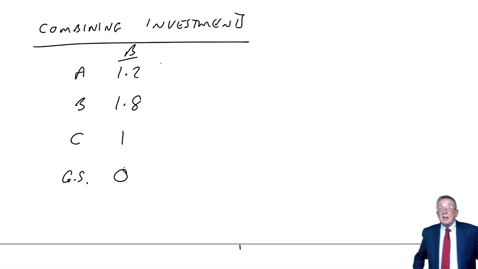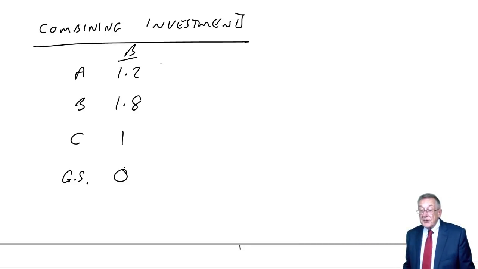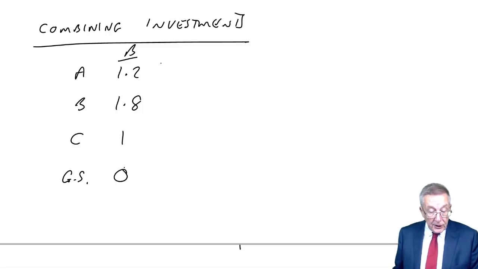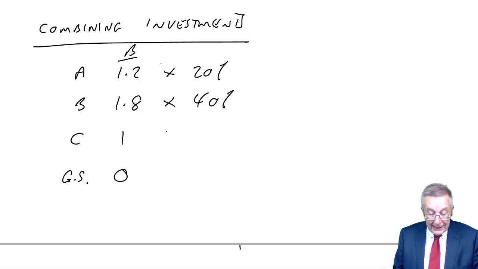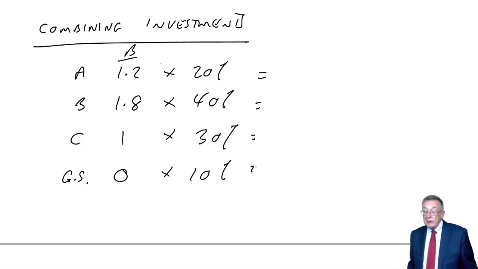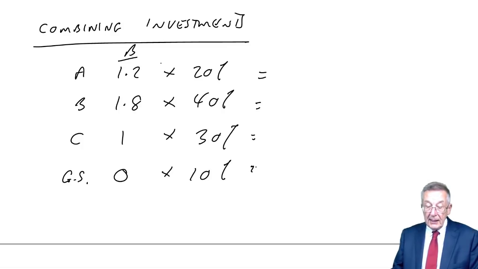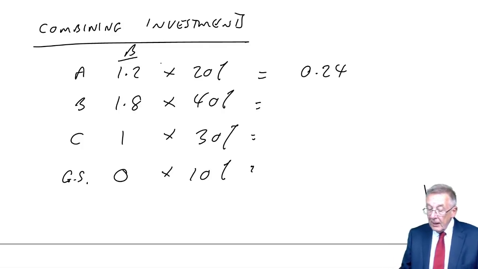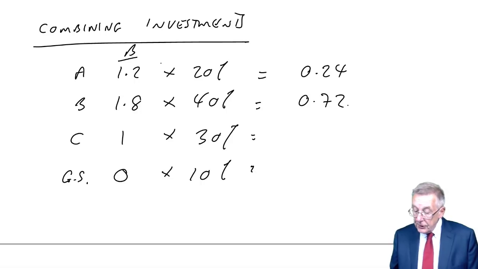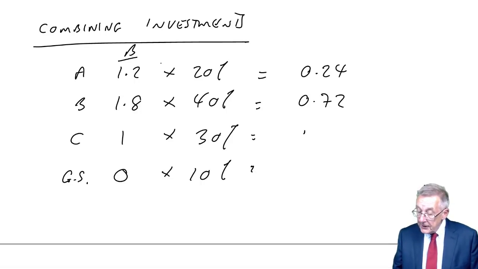Well, the overall risk that the guy's having is the average of those. Well, we weight it by the amount invested in each. So in A was 20%, in B 40%, in C 30%, in government securities 10%. And so multiply up and add to get the weighted average. 20% of 1.2, I always do something stupid here, so I'm going to use my calculator, is 0.24. 40% of 1.8 is 0.72. 30% of 1 is 0.3.